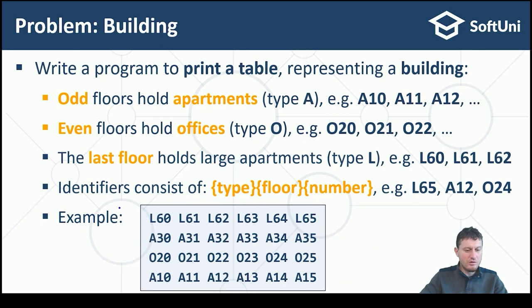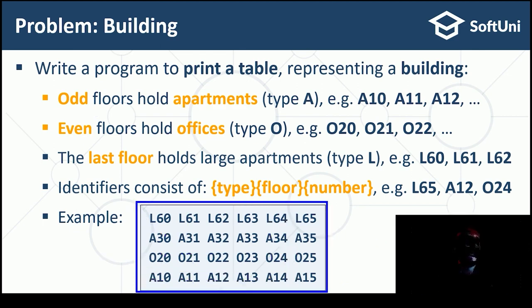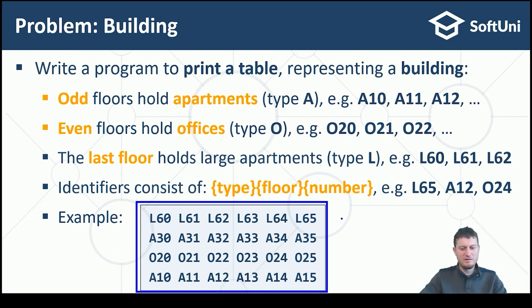So your goal is to print a table like this for a given number of floors. For example, floors here are 4, and given a number of properties per floor, which is here 6.